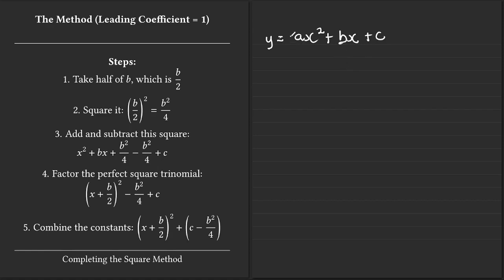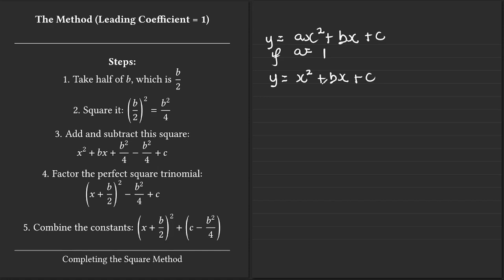Now, if the leading coefficient, which is a, is equal to 1, then we have our function being y equals x squared plus bx and then plus c.